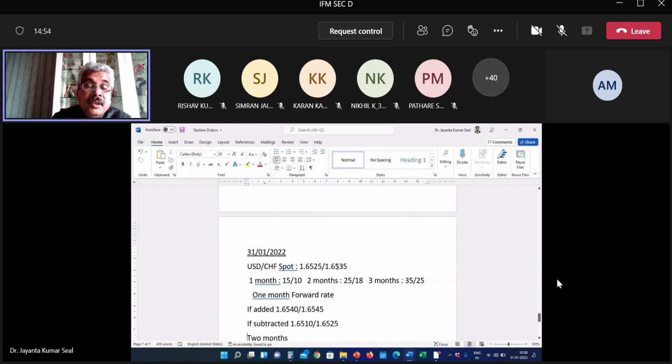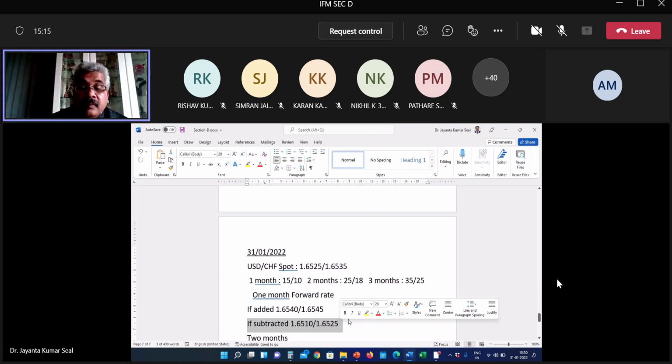Here the bid ask spread is 0.0010. Here what is the bid ask spread? 0.0005. It is not widening, rather shortening. But if you subtract, the bid ask spread is 0.0015. So it is widening. So which one will be accepted? Subtract. Is that clear to everybody?